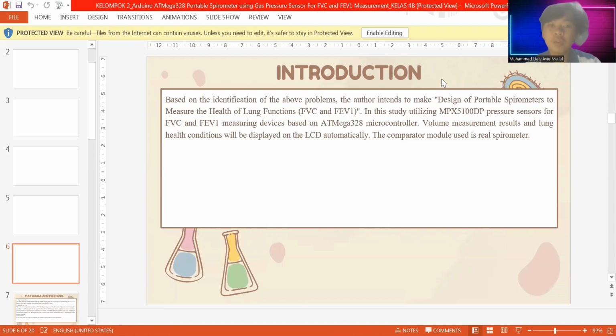Based on the innovation of the above problems, the author designed a portable spirometer to measure the health of lung function. This study utilizes the MPX 5100 DP pressure sensor for FVC and FEV1, with a measuring device based on an Atmega 328 microcontroller. Volume measurement results and lung health condition will be displayed on the LCD automatically. The comparison module uses a real spirometer.